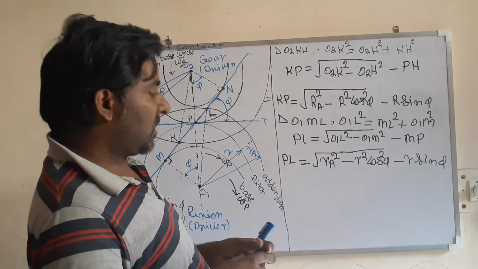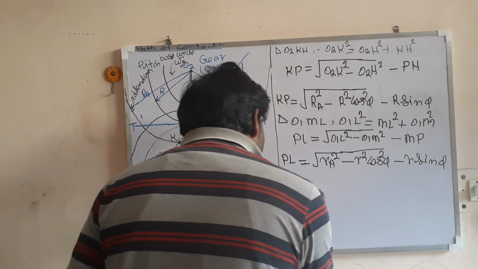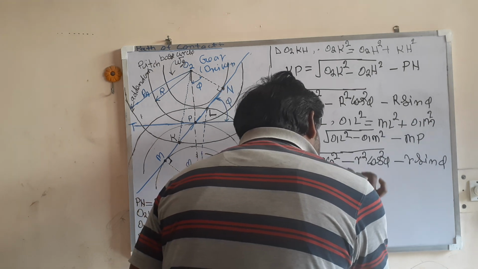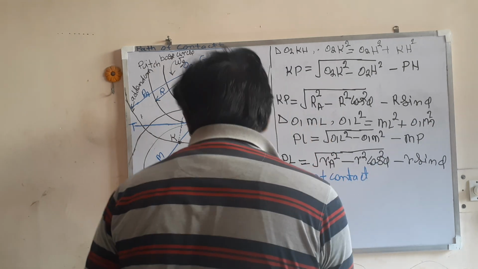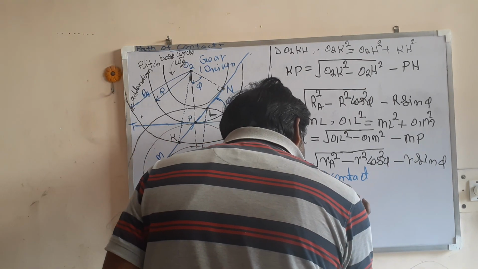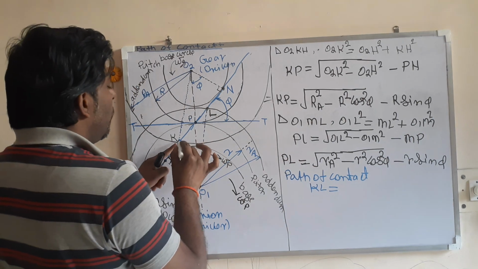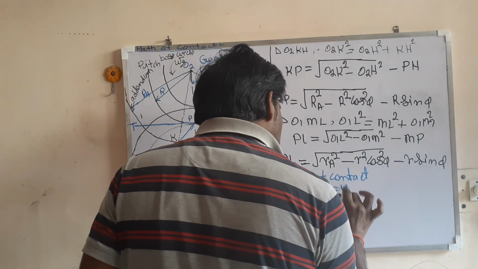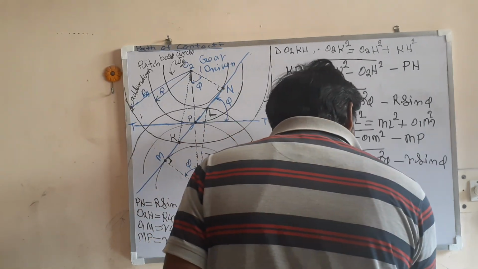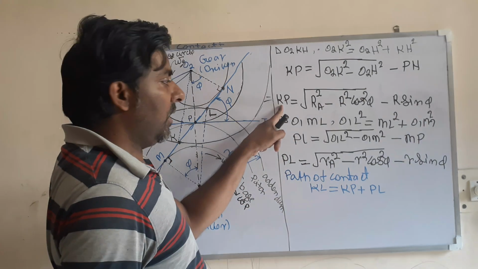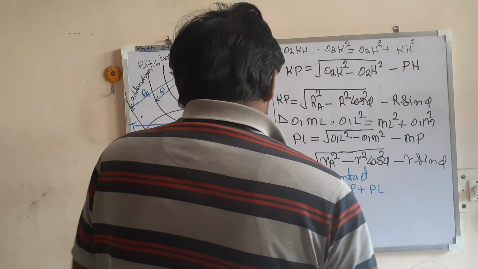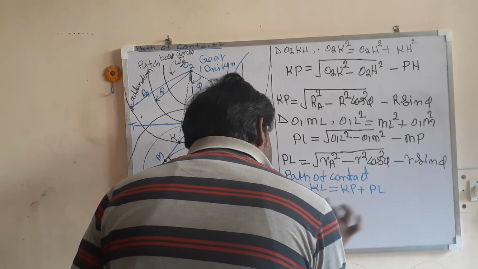So you can write the expression for path of contact as: this KL is equal to path of contact, KL is equal to path of approach, this KP, plus path of recess PL. So path of approach can be written from here and the path of recess can be written from here. You add both, then you will get the expression for path of contact KL.